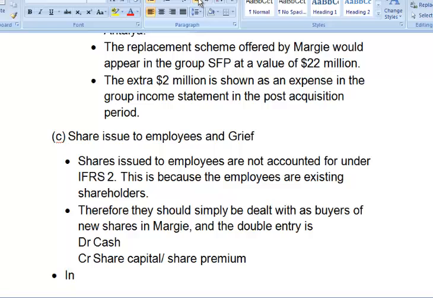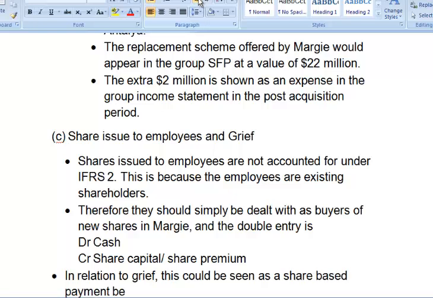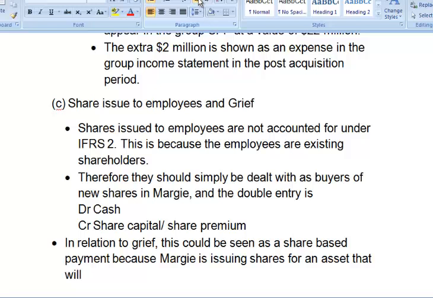So, in relation to Grief, this could be seen as a share-based payment because Margie is issuing shares for an asset that will actually be delivered.